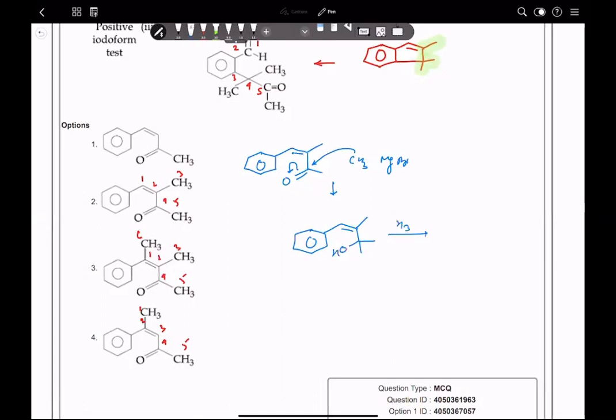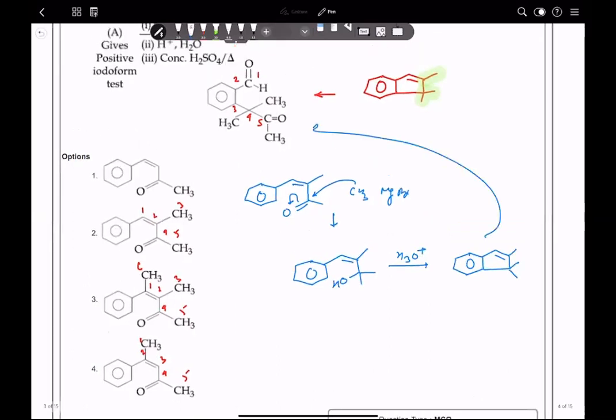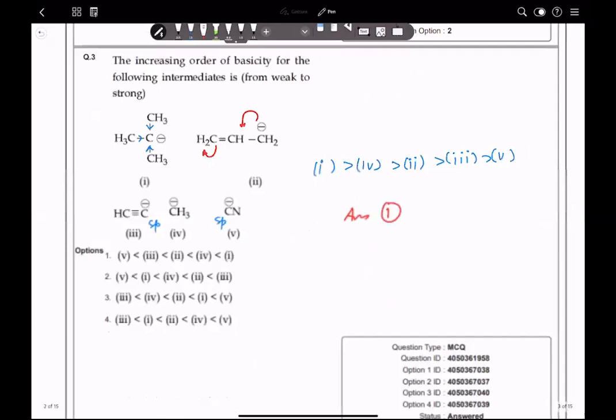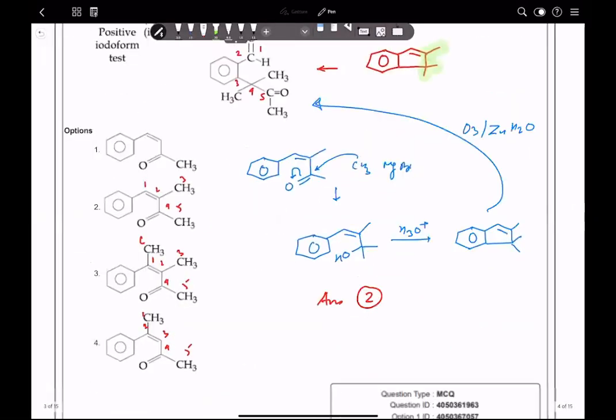And after this it will do dehydration of alcohol. We will give H+ to the alcohol, or H2O+ will form and carbocation. After that, electrophilic aromatic substitution will lead to this product. In this order we will see this product. So the question is confirmed, and the answer must be 2. Okay. Second option 2 is correct.